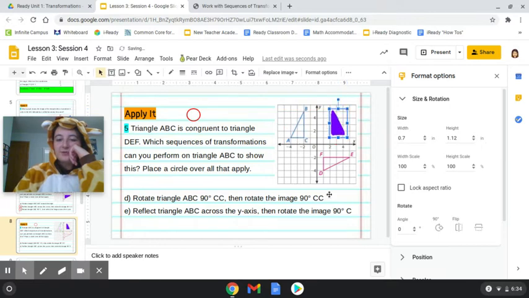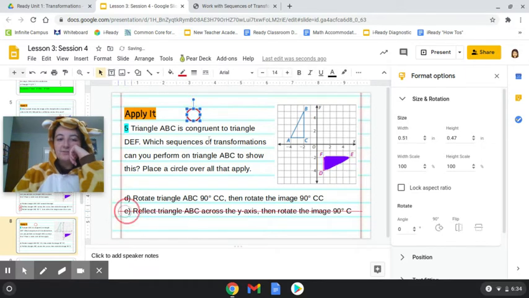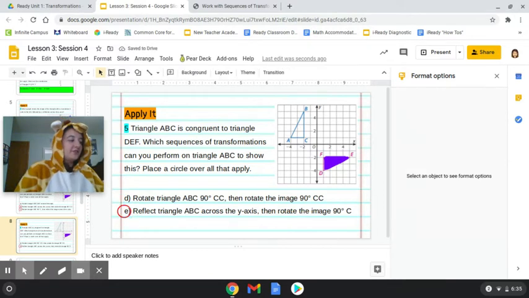And then we're going to rotate it 90 degrees clockwise. So remember that we'll move it one quadrant, which will make it actually end up right here. So E is indeed one that will work. So for question 5, our correct answers are B, C, and E.